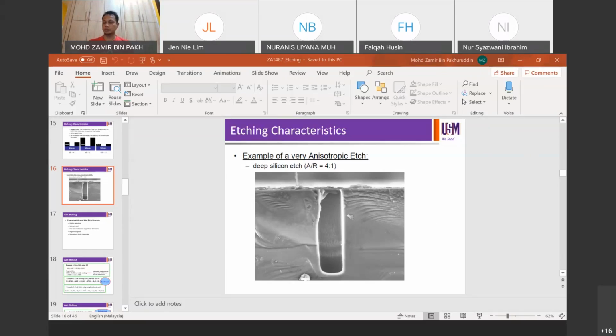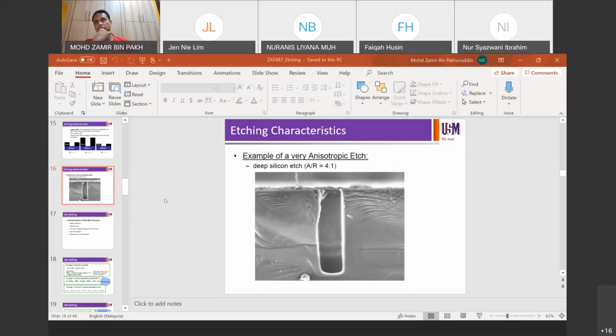What are the keywords? Yes, removal of material. That's the most important keyword. Removal of material, and it can be done by multiple methods, depending on the etch rate and so on, but the essence is removal of material.